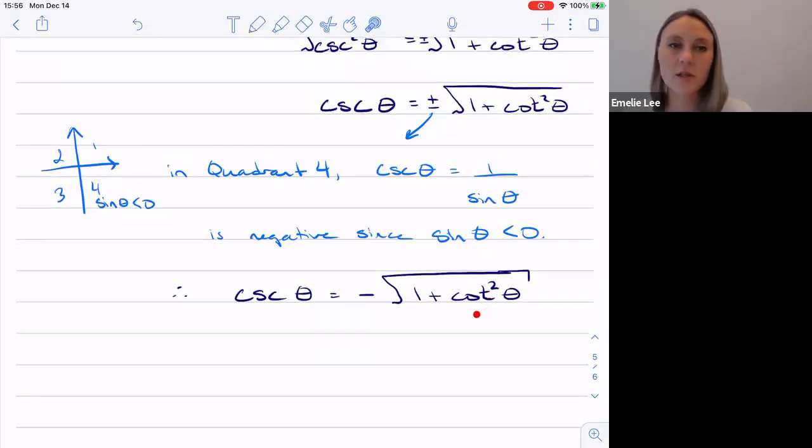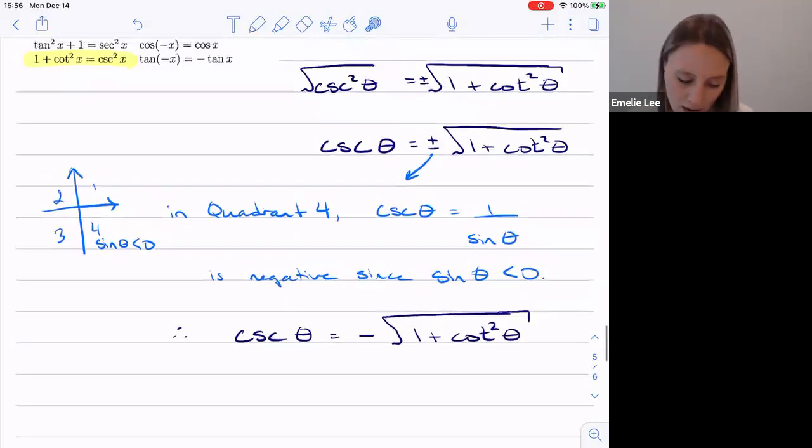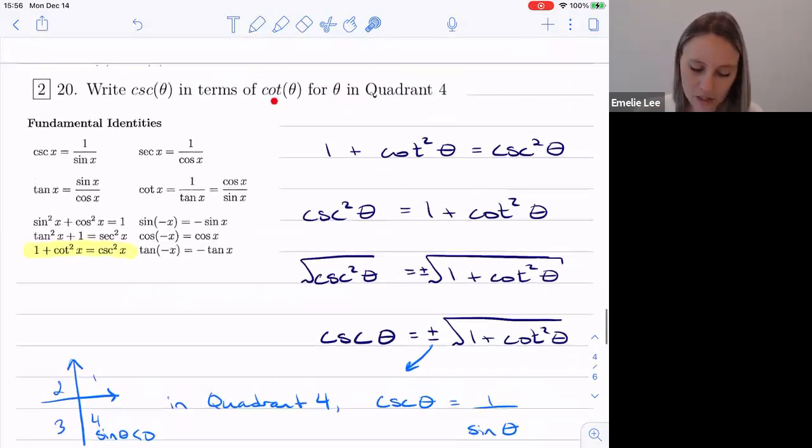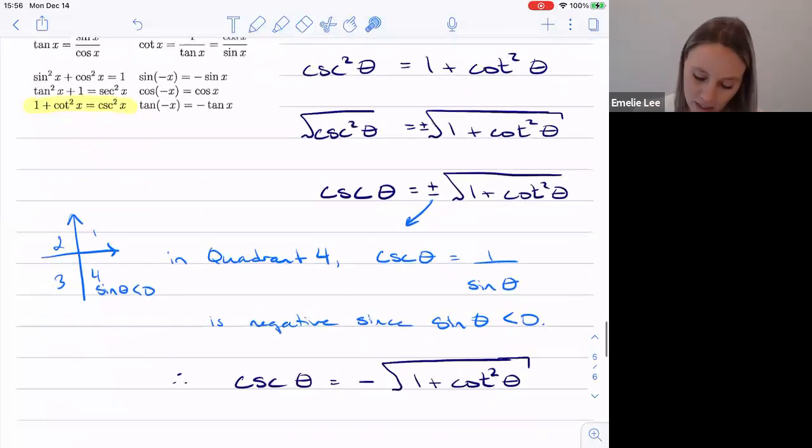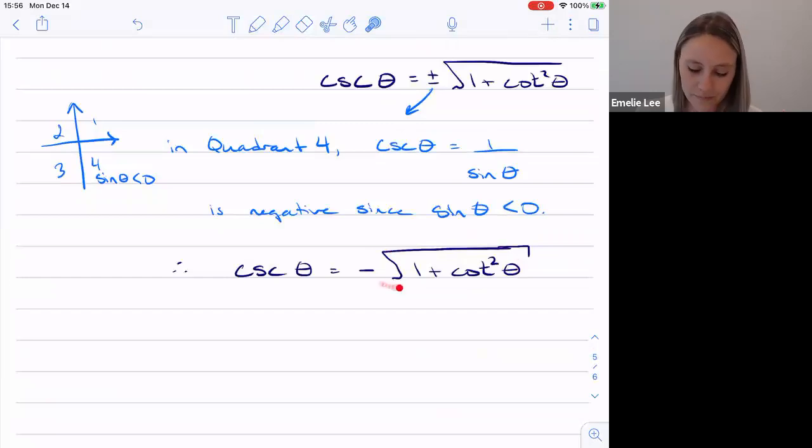I'm going to leave it as cotangent squared, even though you might be tempted to just write it in cotangent, but that's just cotangent times cotangent. It doesn't really do anything. So what we mean here in terms of this function is that that's the only other trig function that's showing up here.